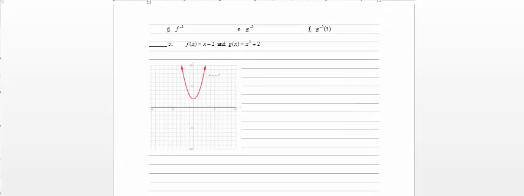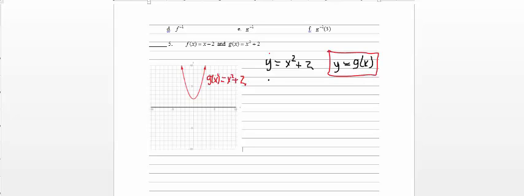Now let's find the inverse of g. Now remember, g is x squared plus 2. Notice that's not a one-to-one function. So when we go to find the inverse, we're not going to get a function. So let's replace g with y. This y is g of x. Interchange x and y.